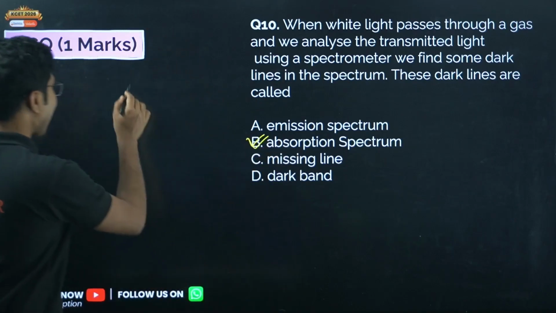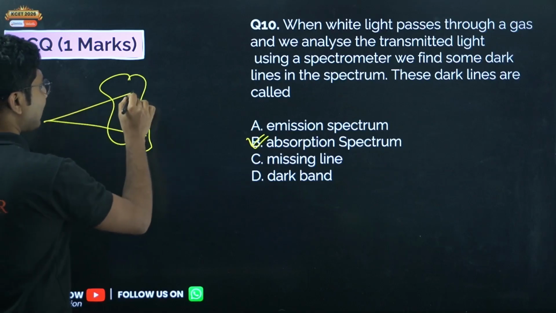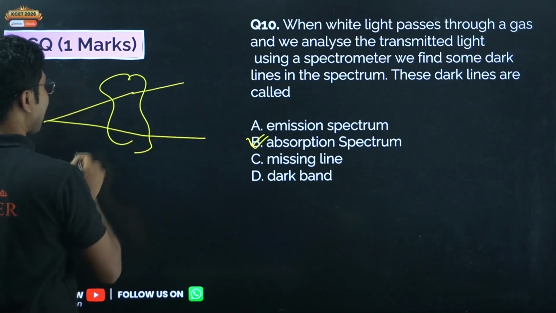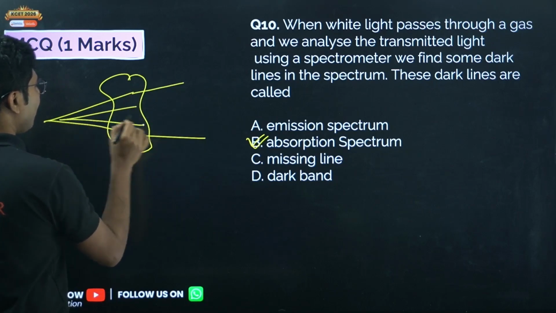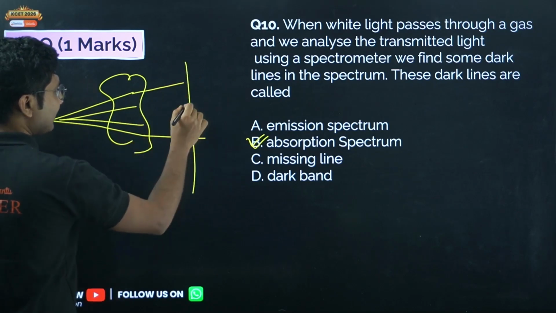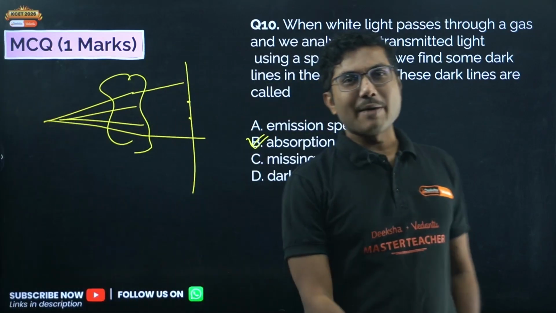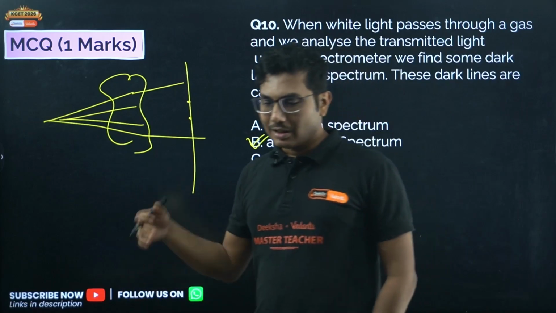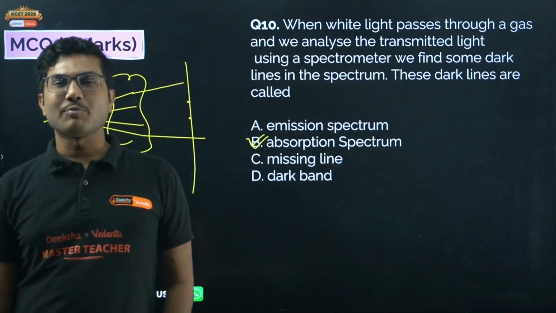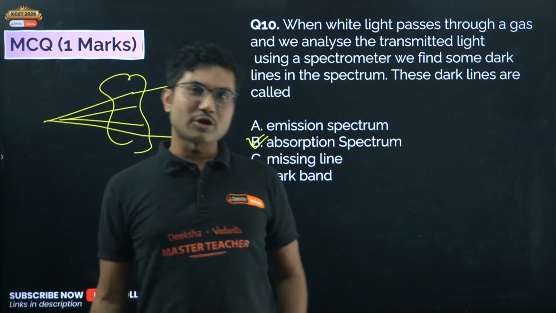So you have a gas, and light is passing through this gas, and when you observe it, suppose there are 4 lines, but you find only 2 lines and 2 of them are missing. So this is called absorption spectrum. Like emission spectrum, the same thing is possible for absorption spectrum as well.